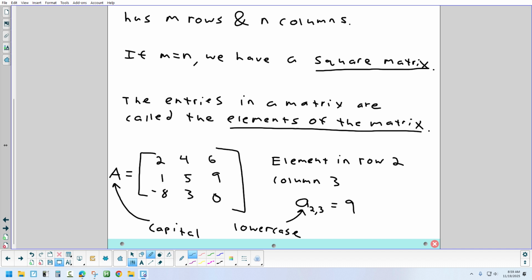But that coordinate tells you first the row that you want to look at, and the second number is the column. So the element that's in the second row, third column, is a 9. That's how you describe a particular element in a matrix.